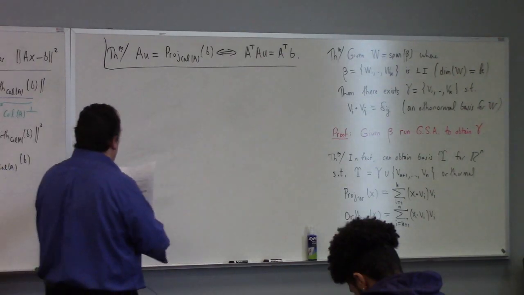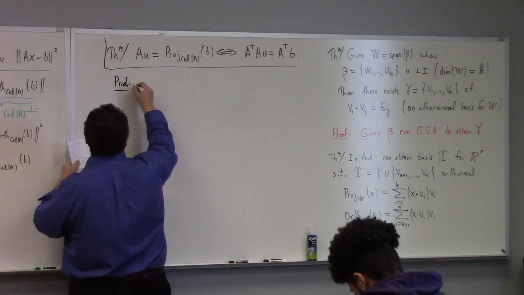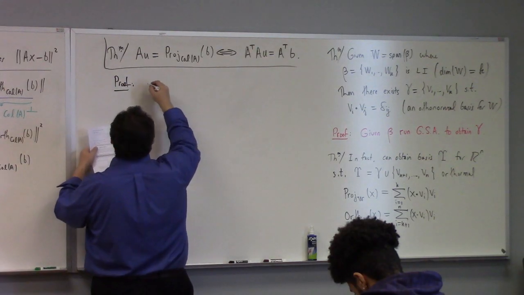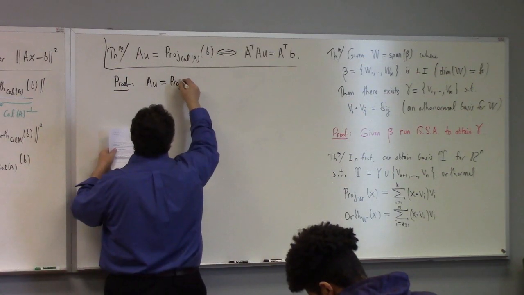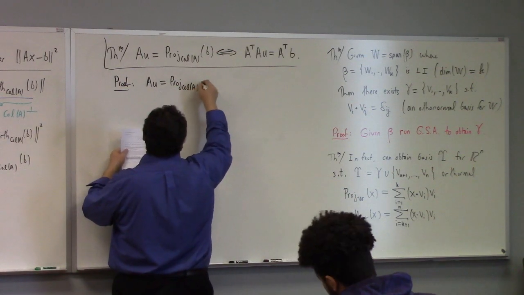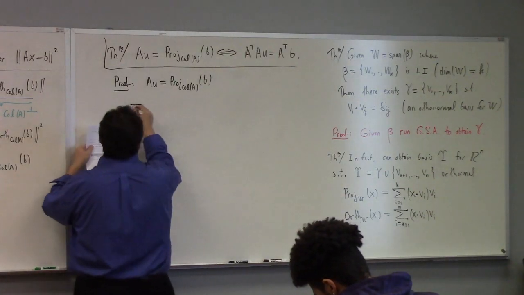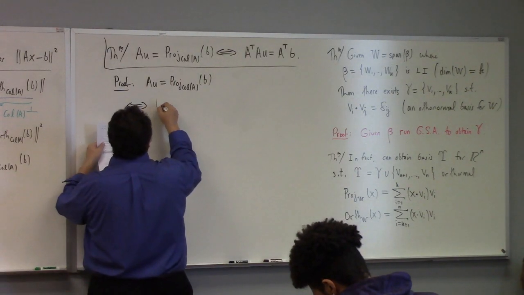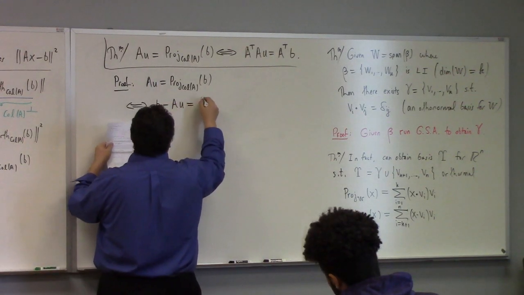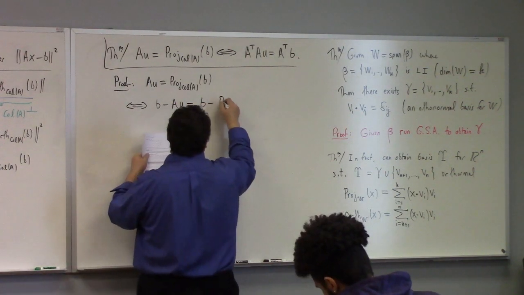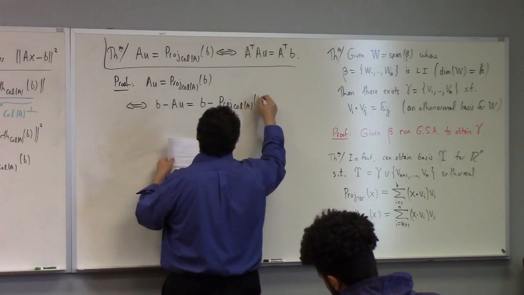Okay, so here we go. Proof. So AU equal to the projection onto the column space of A of B, if and only if B minus AU is equal to B minus the projection on the column space of A of B, right?